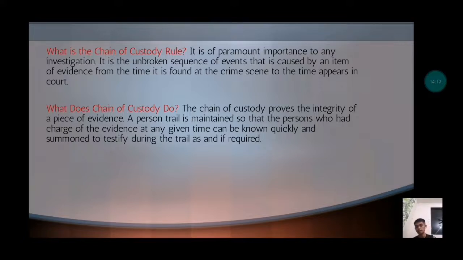And what does chain of custody do? The chain of custody proves the integrity of a piece of evidence, and a paper trail is maintained so that the persons who had charge of the evidence at any given time can be known quickly and summoned to testify during the trial as required.